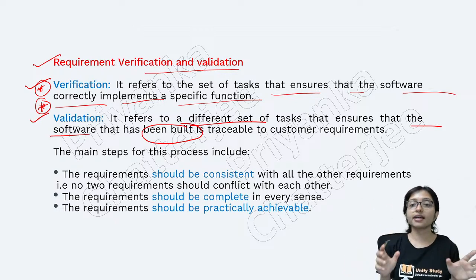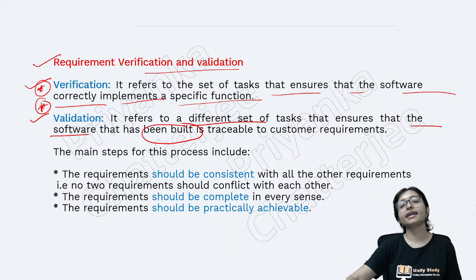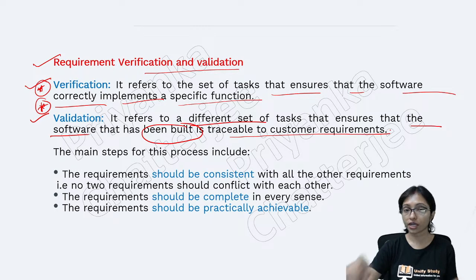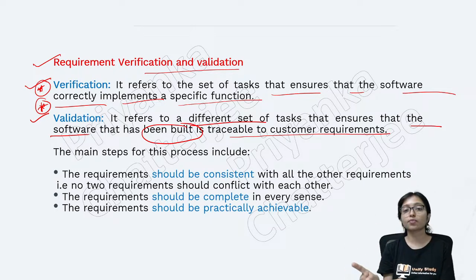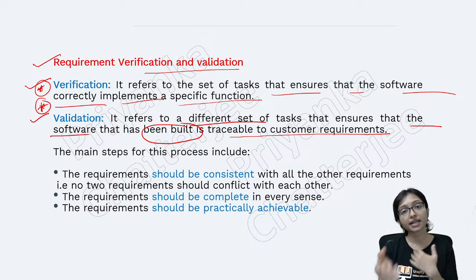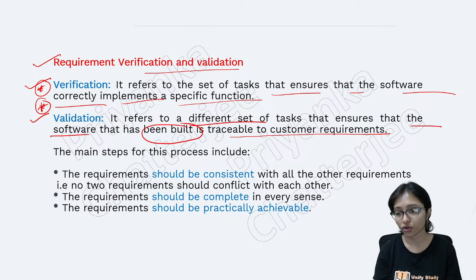After the development you are validating the software: is it traceable to the customer requirement or not? It will validate against the customer requirement. What was the customer requirement? According to that, is it working fine or not?